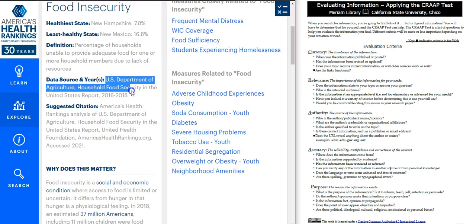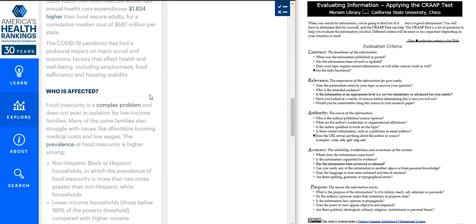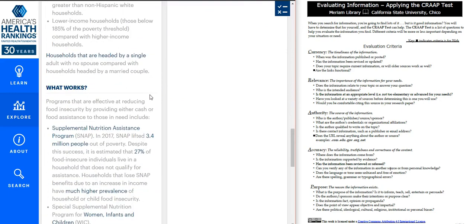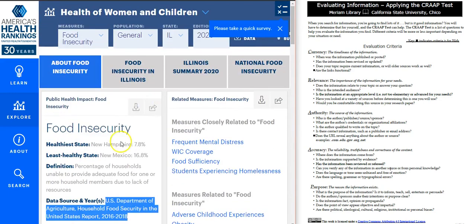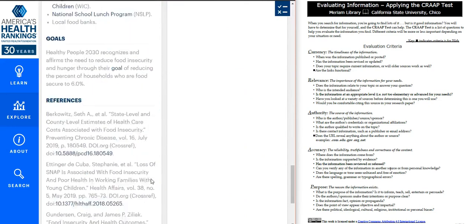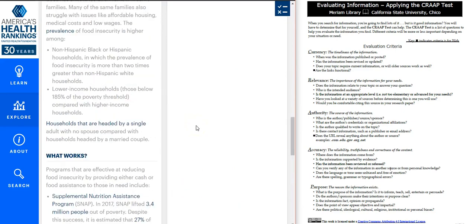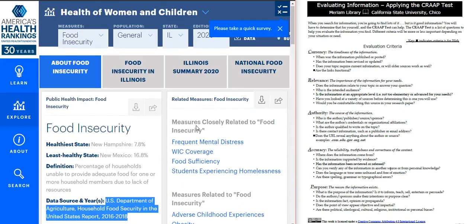If they are citing a U.S. Department of Agriculture source, I may want to just try to find that instead of trust the information that is here. I would be more likely to go to that source than to trust something that may be affiliated with a healthcare company, which may be a for-profit. And those are the questions that we have to ask ourselves.